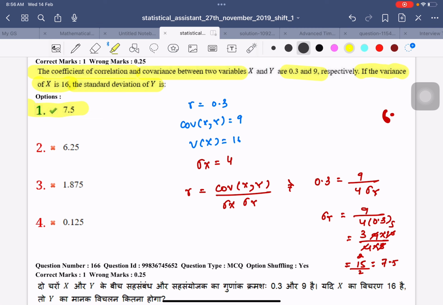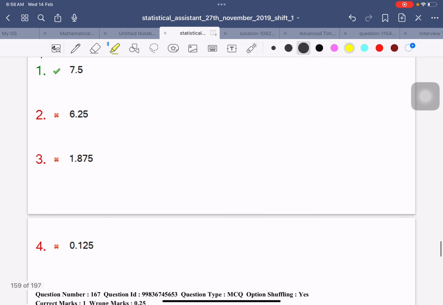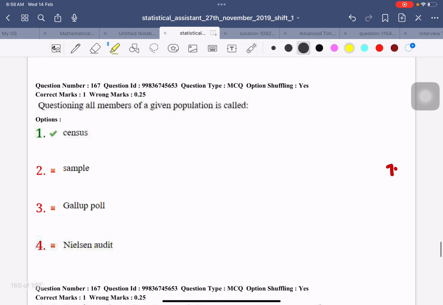Next question is, questioning all the members of a given population is called. हमें पॉपुलेशन के सारे मेंबर्स से इंफॉर्मेशन कलेक्ट करनी है.